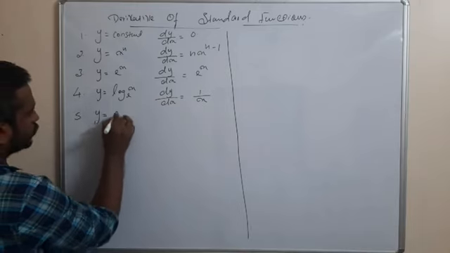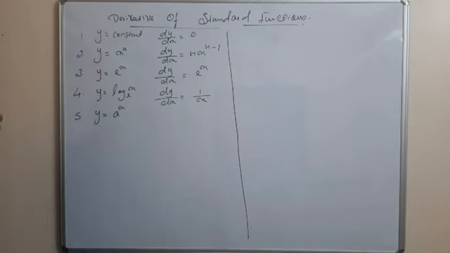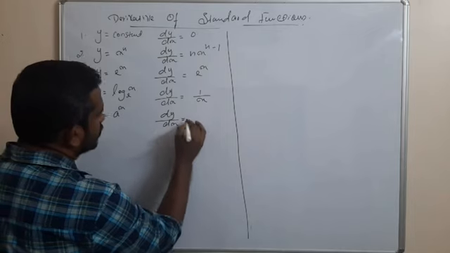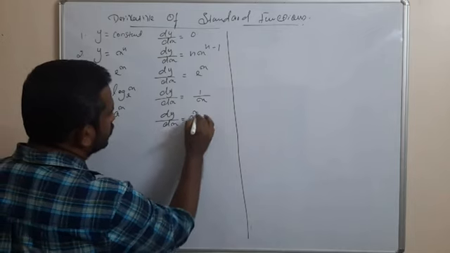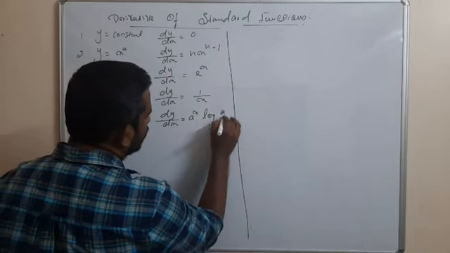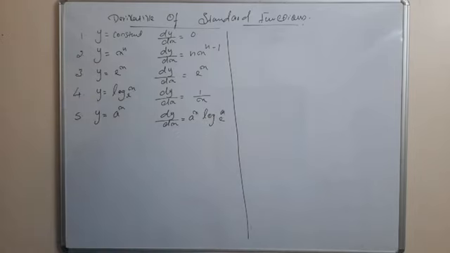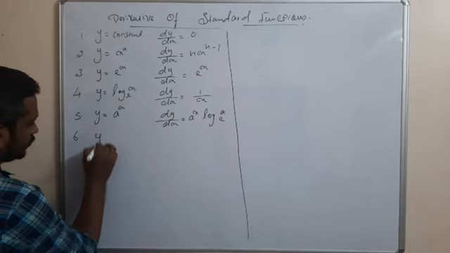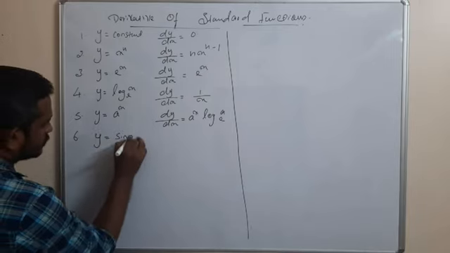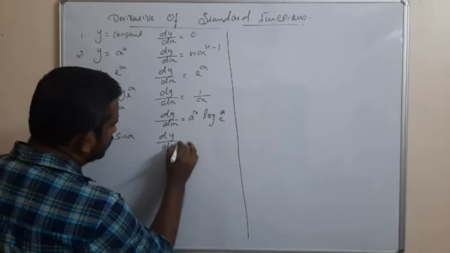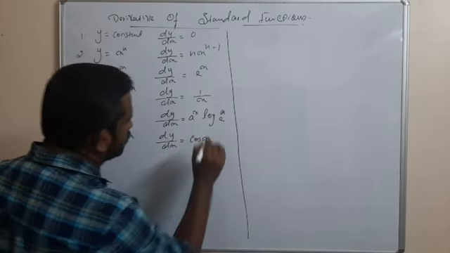Fifth, y is equal to a power x. dy by dx equal to a power x log a to the base e. Sixth, y is equal to sin x. dy by dx equal to cos x.